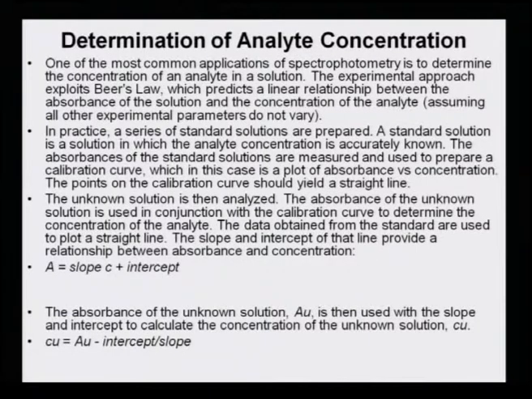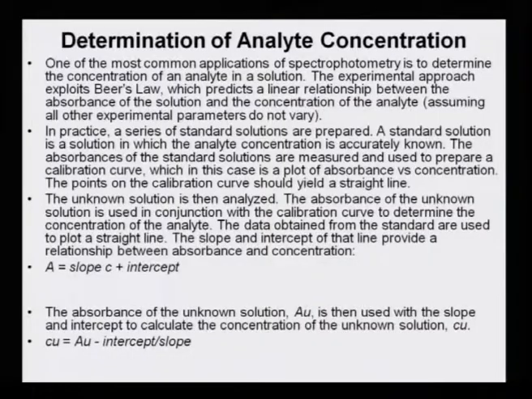The experimental approach exploits Beer-Lambert's law, which predicts a linear relationship between the absorption of the solution and the concentration of the analyte, assuming that all experimental parameters do not vary. Under identical conditions, the analyte will show a direct relationship between the absorbance and the concentration, provided the experimental parameters are not changed.